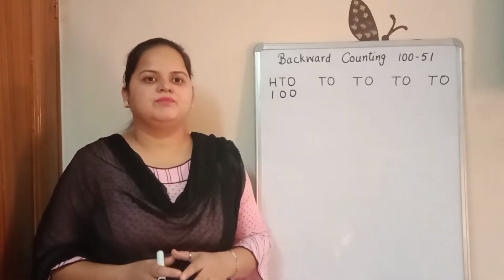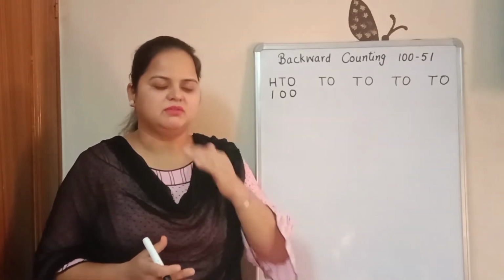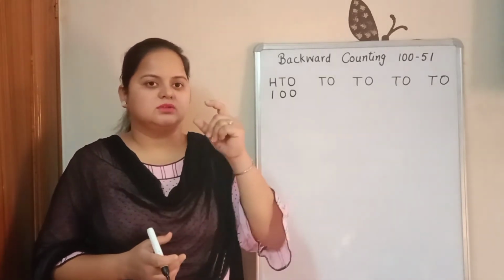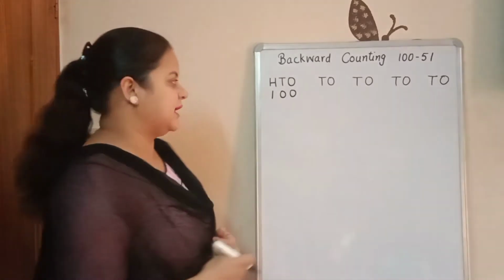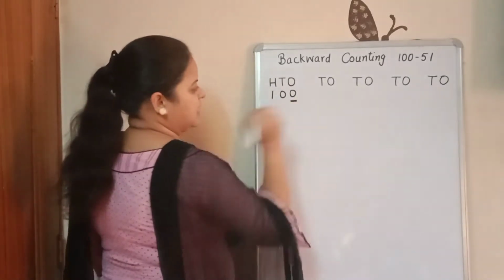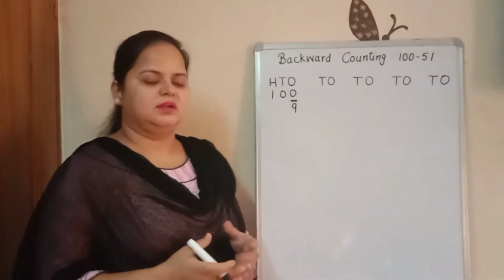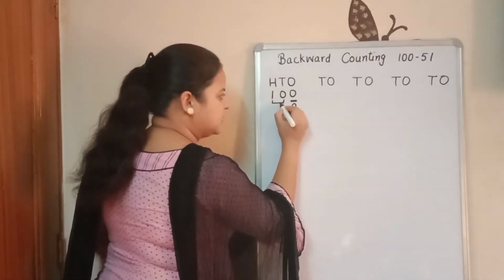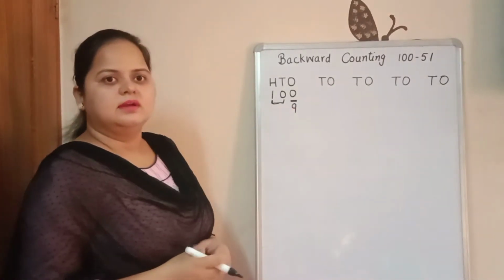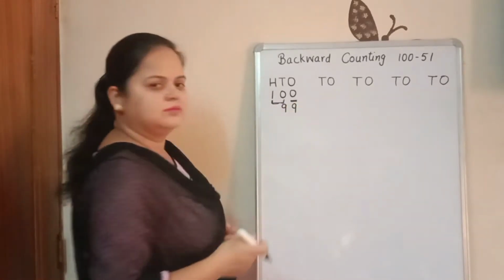Okay, so from 10 to 1, what comes below 10? Below 0, what will we write? 0 के नीचे हम क्या write करते हैं? 9. Yes, 9. And here again you can see we have a 10, and before 10 again we will write 9 here.